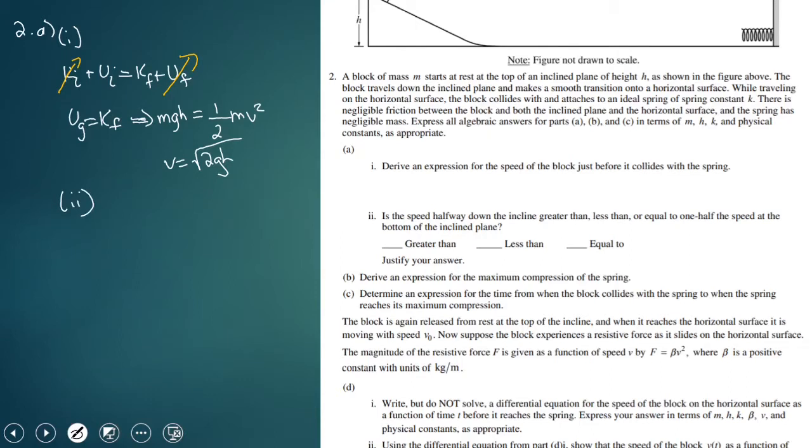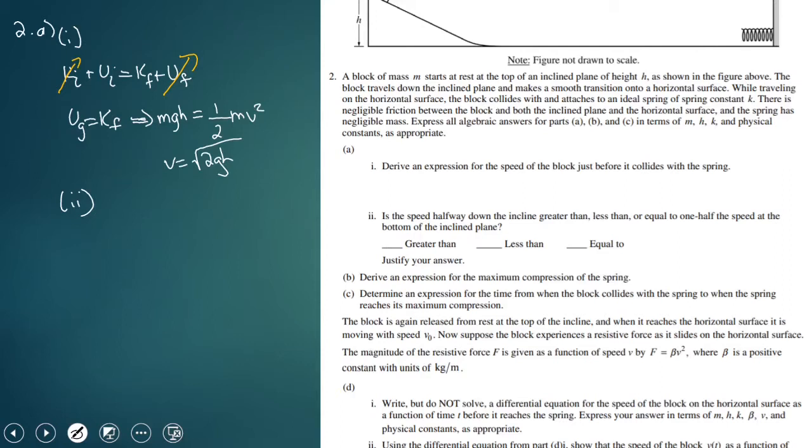Part II says, is the speed halfway down the incline greater than, less than, or equal to 1/2 the speed at the bottom of the inclined plane? Okay. What's the easiest way?